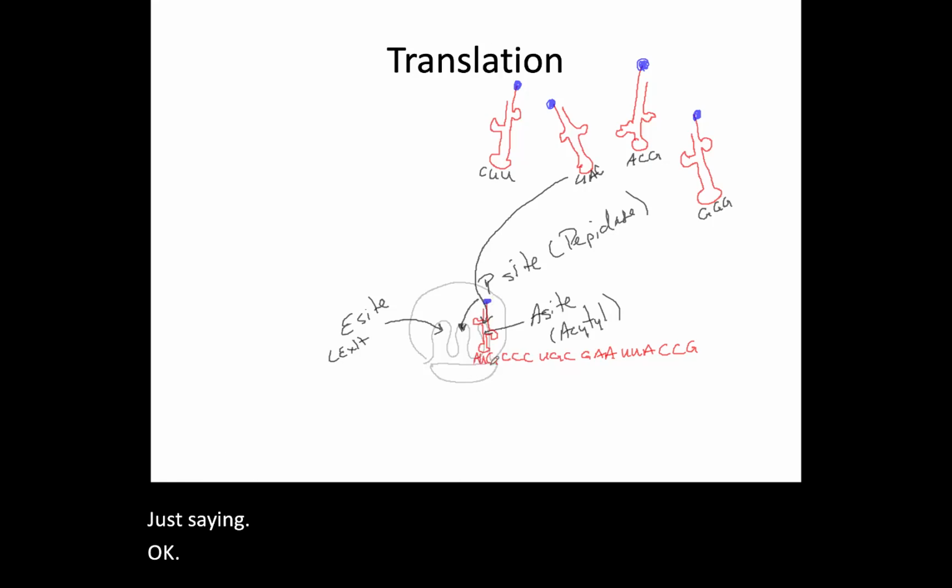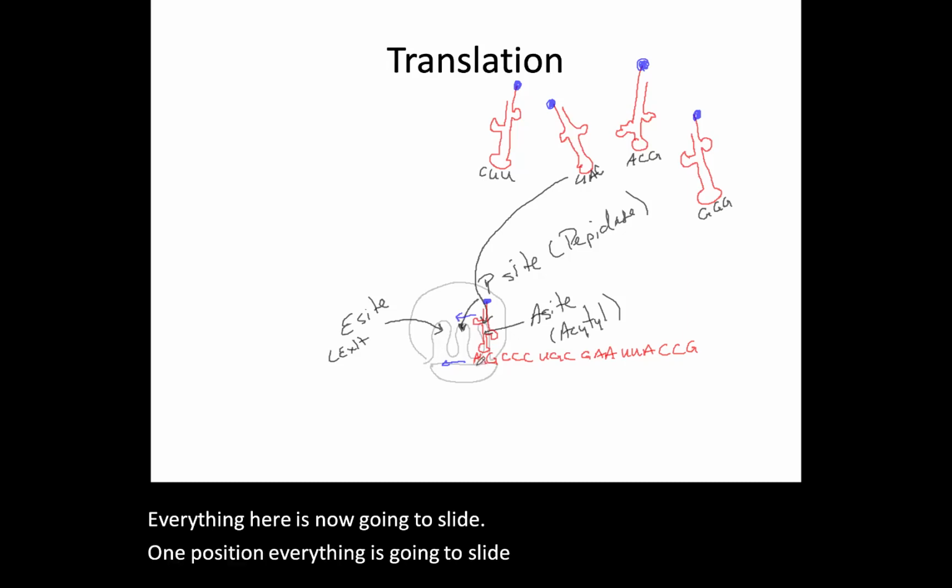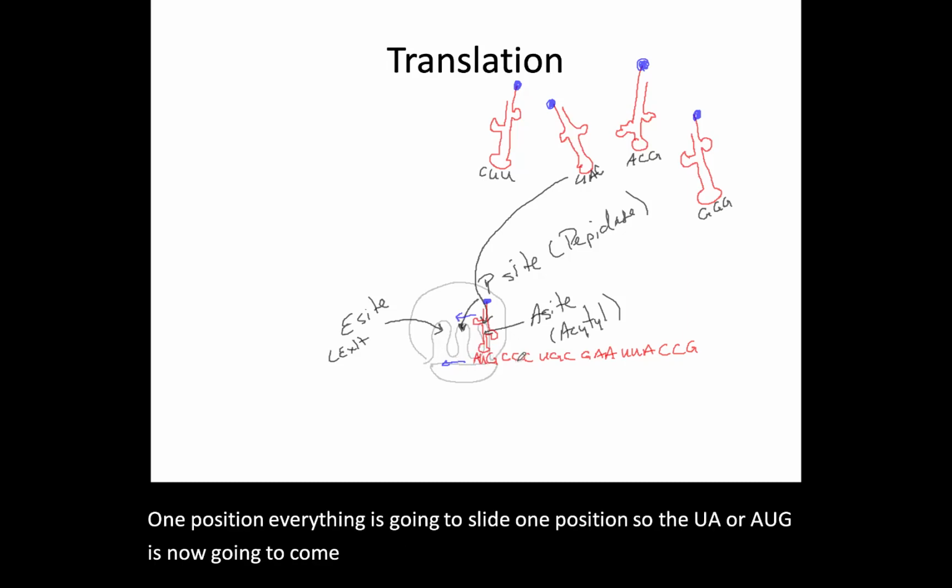Now, everything here is going to slide one position. So the AUG is now going to come here. The CCC is now going to come here. Everything shifts to the left.